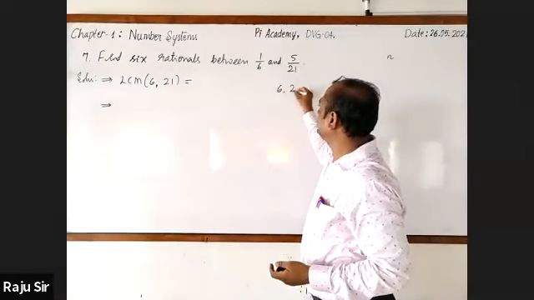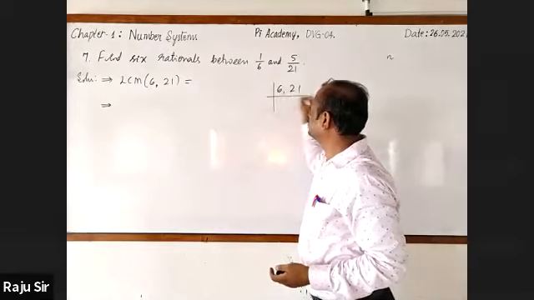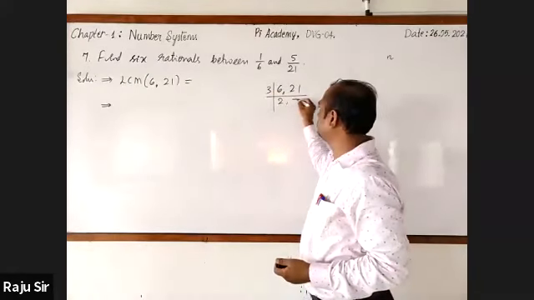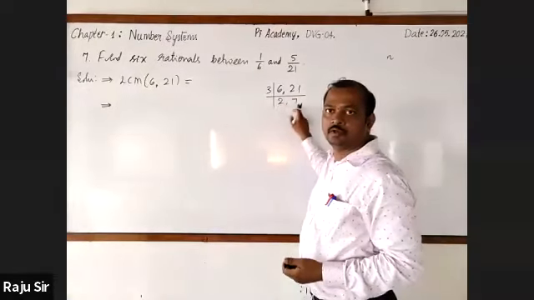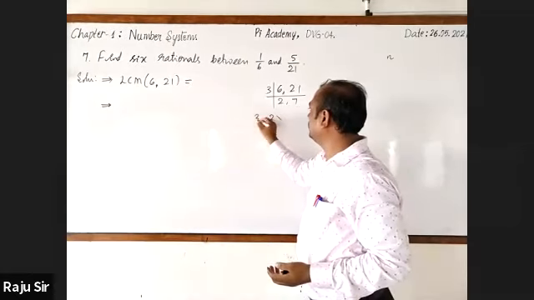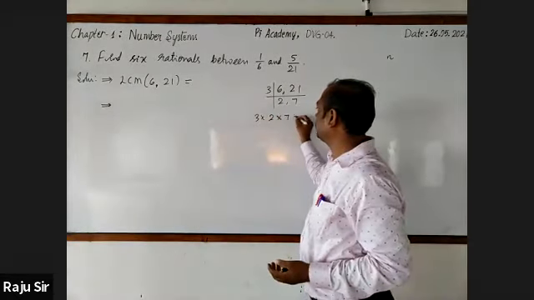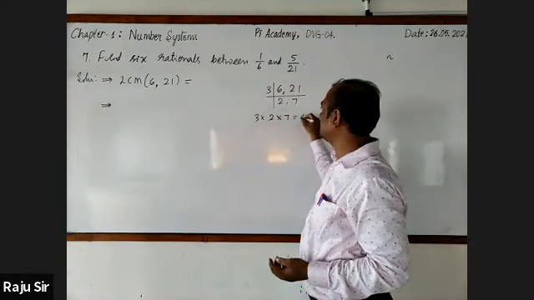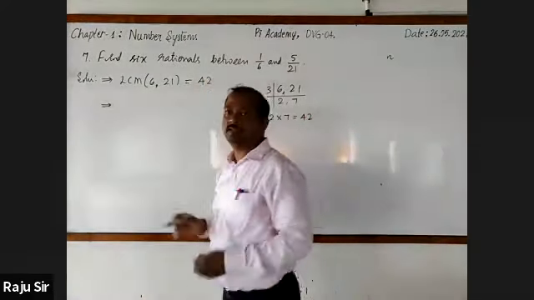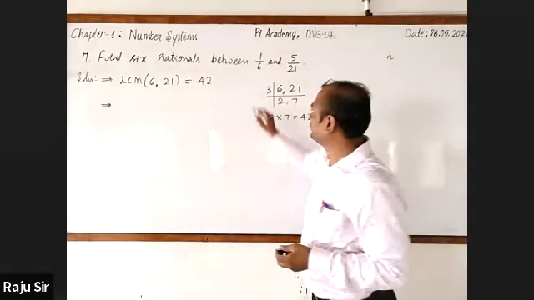Here 6 and 21 are there. Both are divisible by 3. 3 twos are 6, 3 sevens are 21. 2 and 7 are primes, so you may stop over there. It is 3 into 2 into 7. 3 twos are 6, 6 sevens are 42. See, 42 is the LCM. Clear?